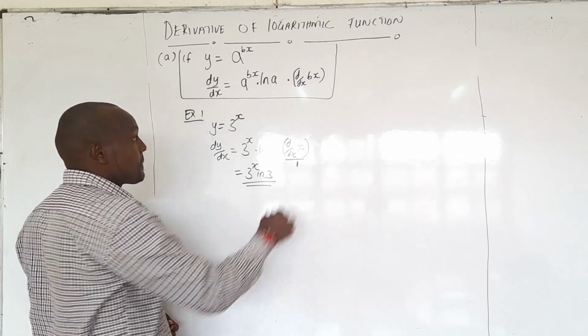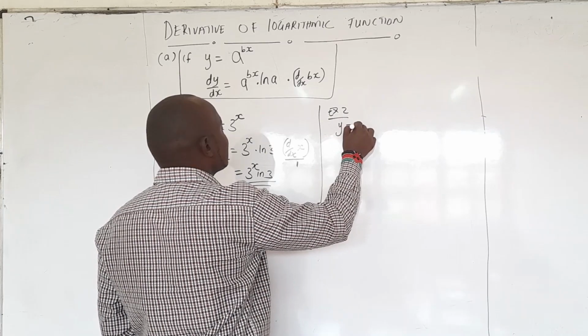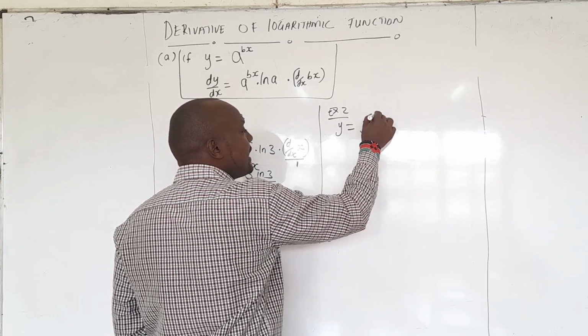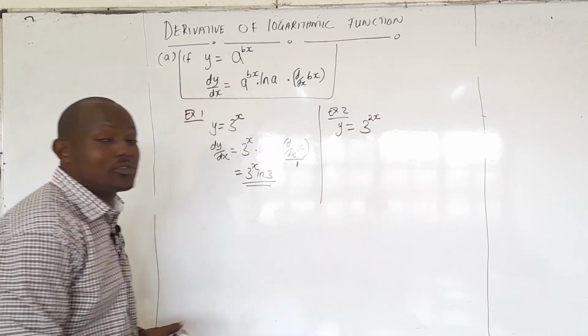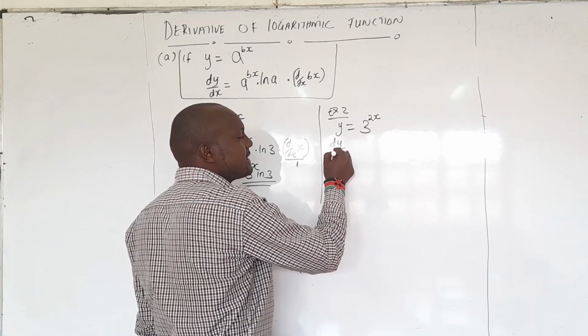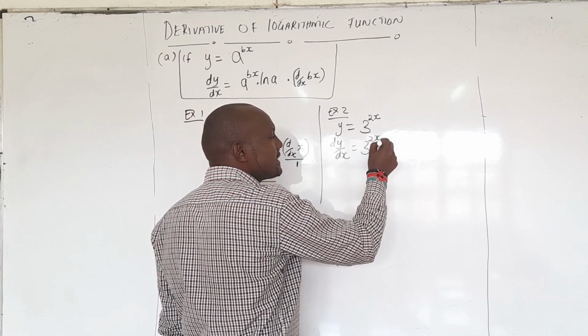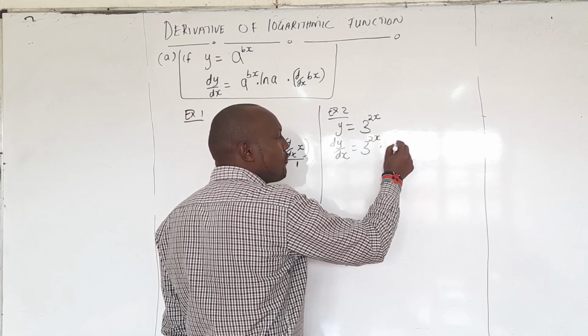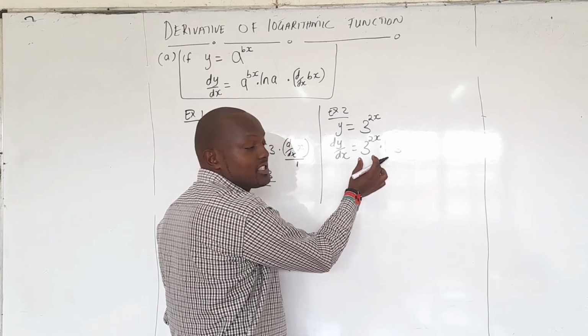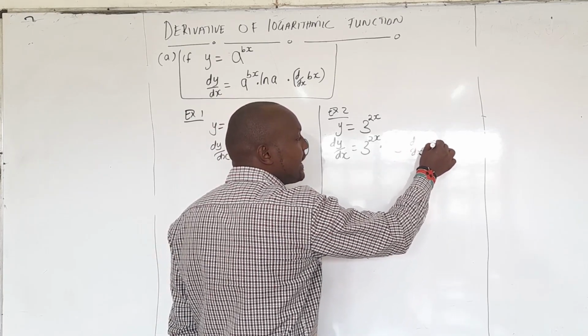And that's the answer. If you are given example 2, y equals 3 to power 2x, you have to differentiate that one. Change in y over change in x. The equation will remain the way it is, 3 to power 2x. Then natural log of 3, the natural log of this base, times the derivative of 2x.